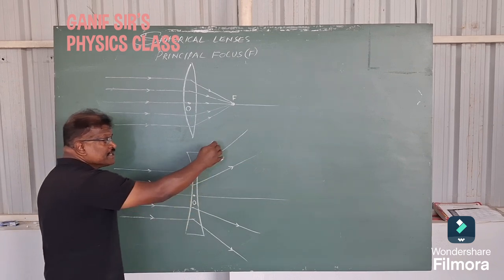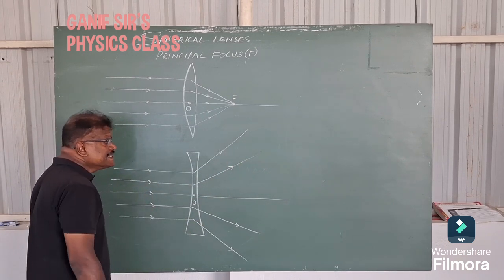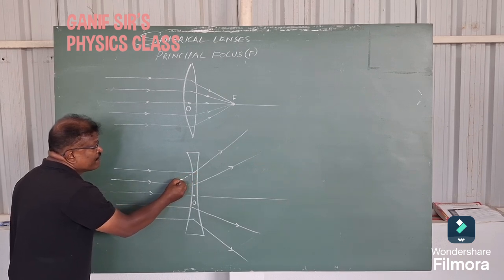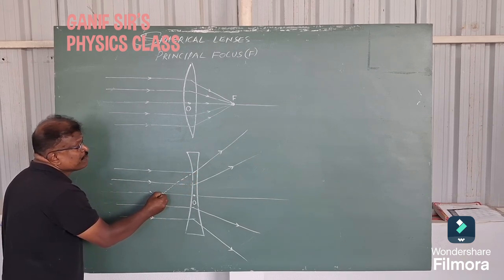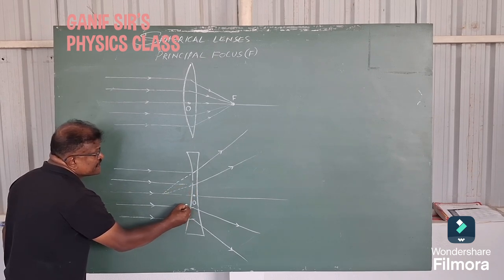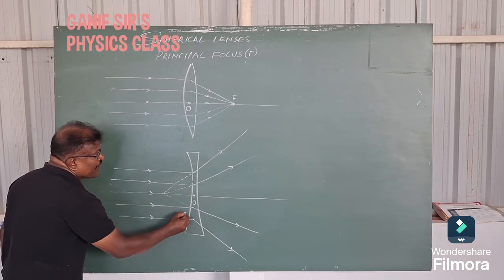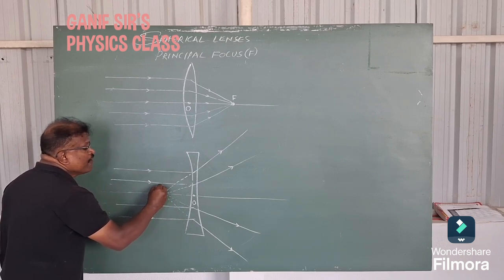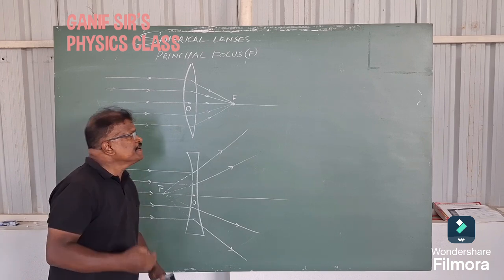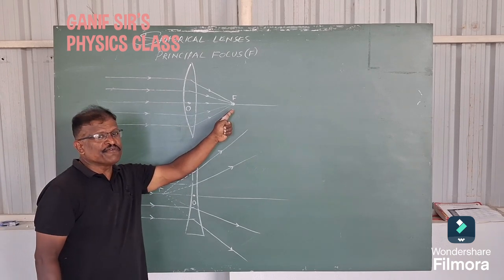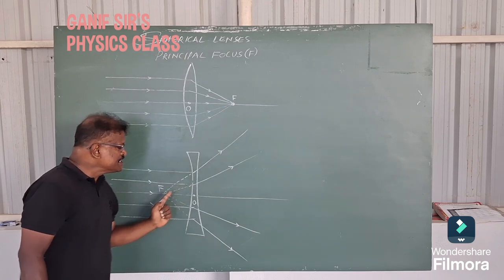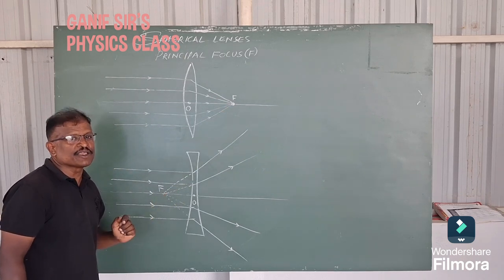But for an observer on the other side, it seems as if the rays have arrived from this point on the principal axis, and that point is known as the principal focus of a concave lens. Just see the difference between the principal focus of the convex lens and that of the concave lens.